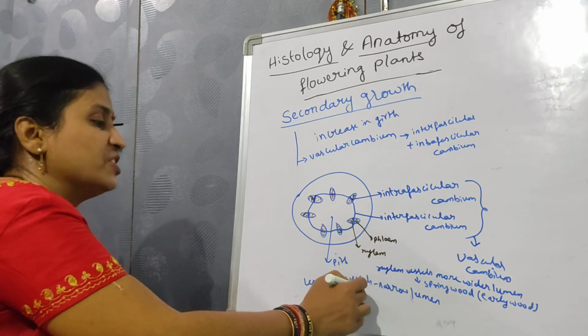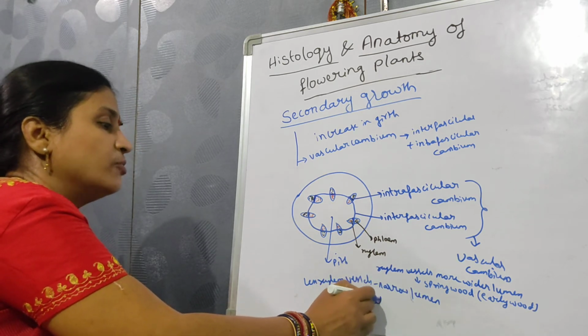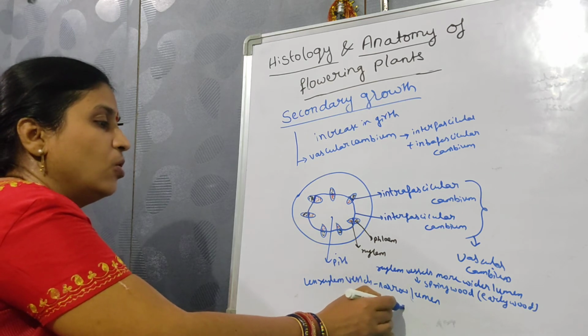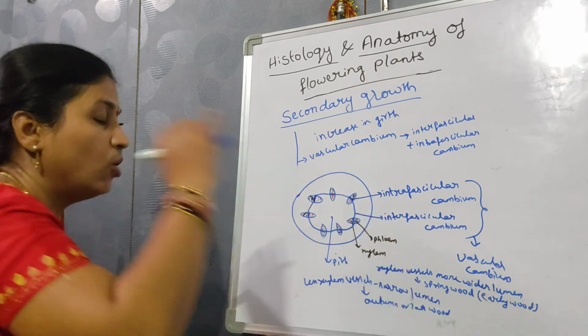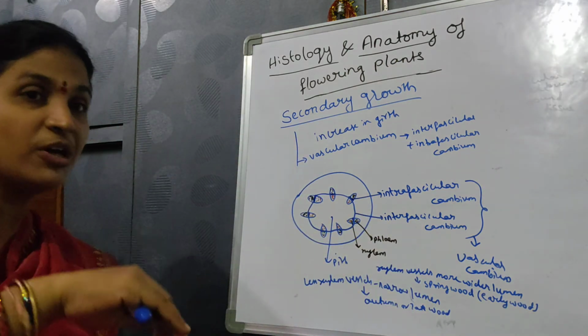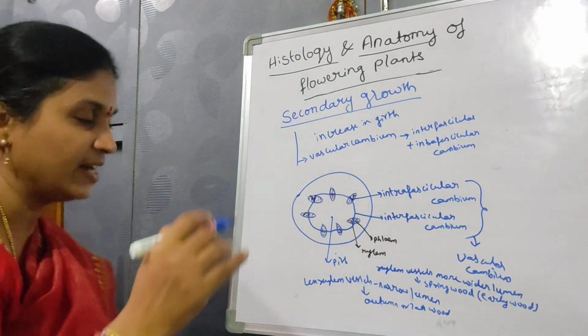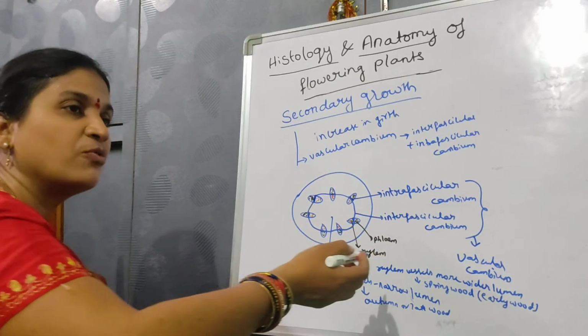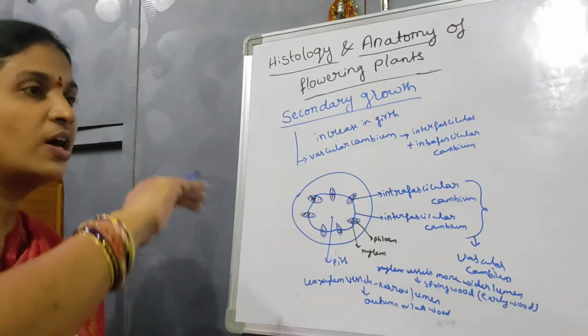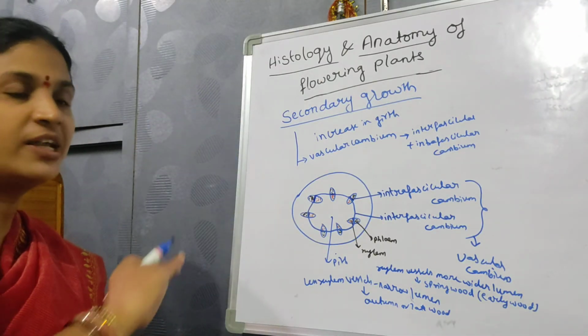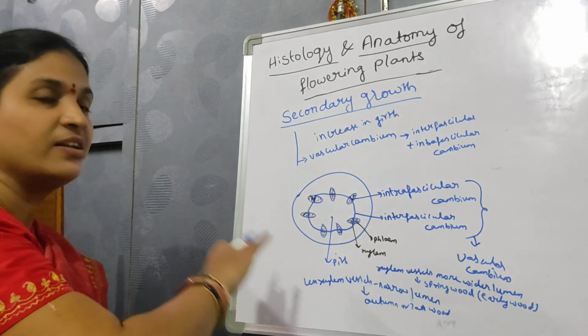Such type of wood which is formed is called autumn wood or late wood. So this spring wood and autumn wood are going to form a ring-like structure. During one season the spring wood is going to form, during the other season the autumn wood is going to form. So in one year it is going to completely form one particular ring-like structure.